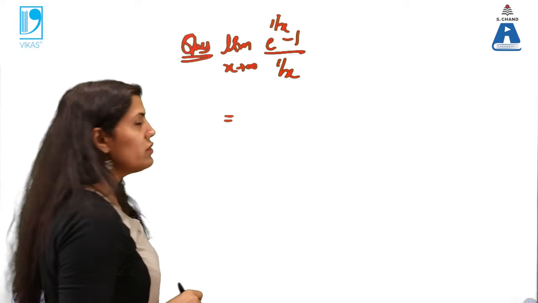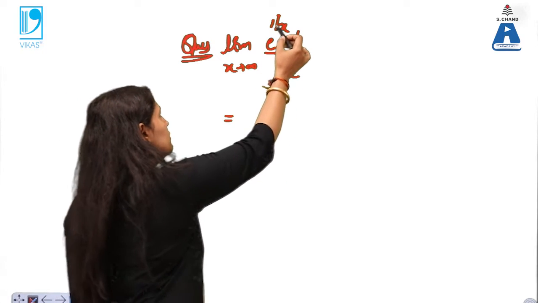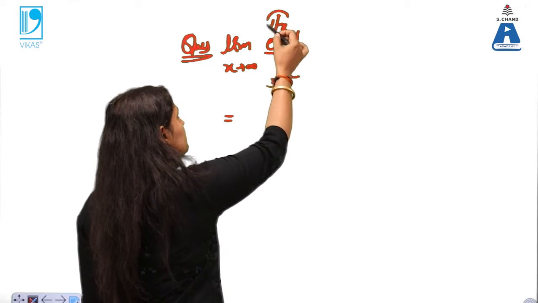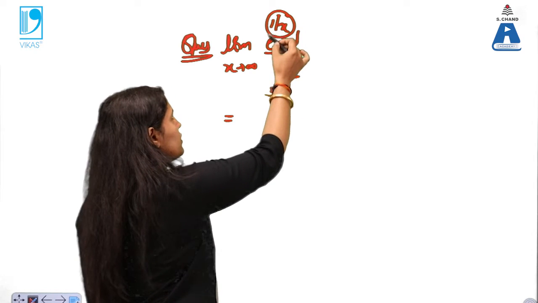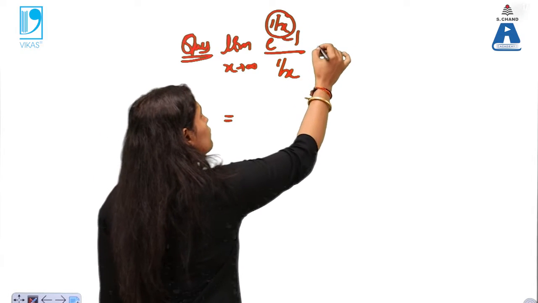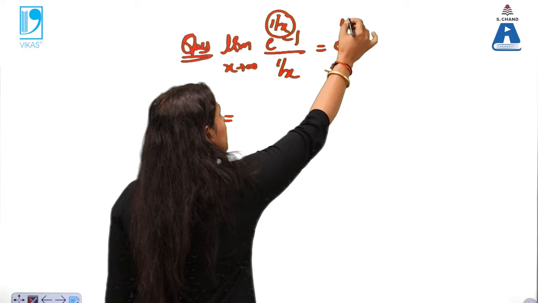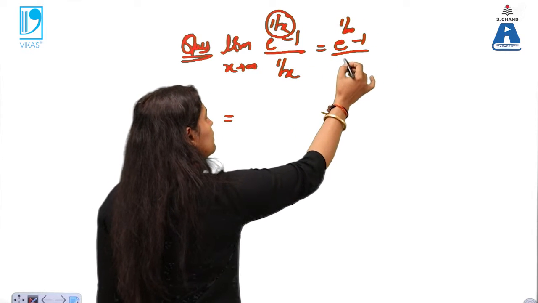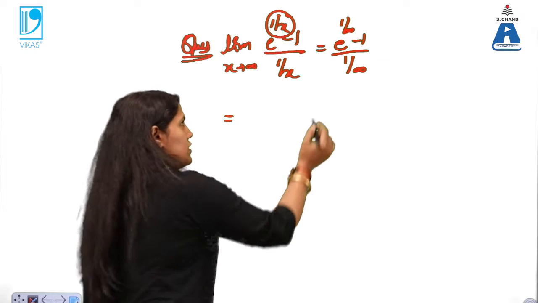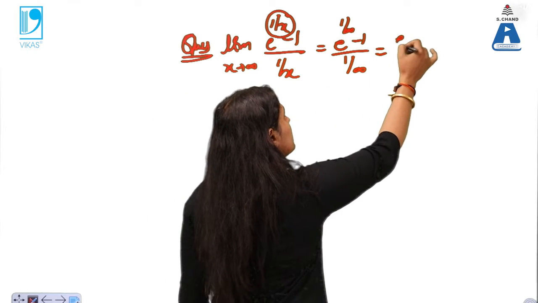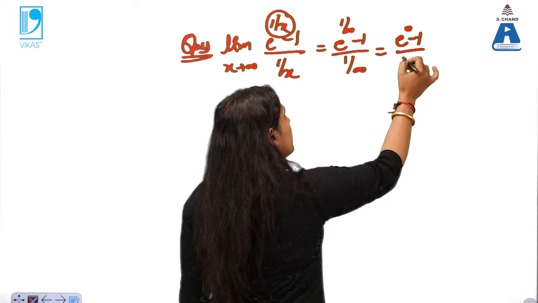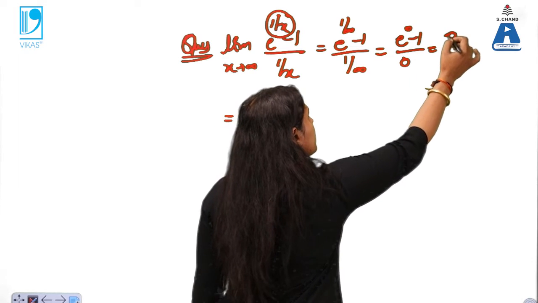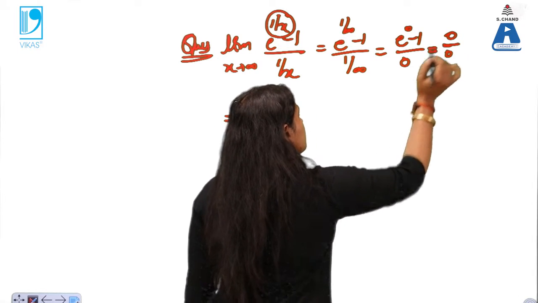You can see when you substitute x as infinity, 1 by infinity becomes 0, and e to the power 0 is 1. So this is giving e to the power 0 minus 1, which is 0. So again 0 by 0.